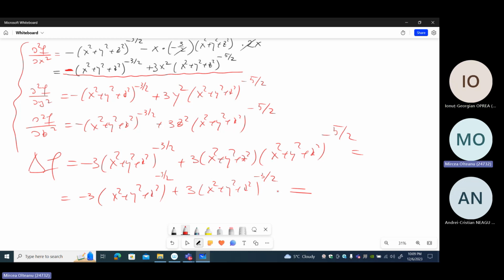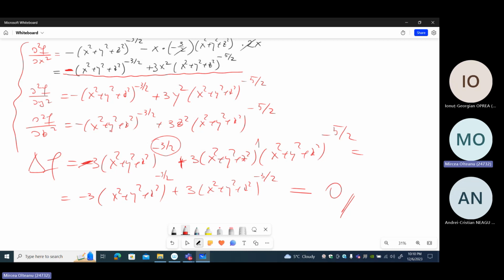The result is 0. Yes. I made a computation here because here the power is minus 5/2. It is exactly minus 3/2. This is with minus, this is with plus, and they vanish. Okay, so this is again a harmonic function. Here you have an example of a harmonic function in 3 variables. They don't look at all similar, those in 2 variables with those in 3 variables.